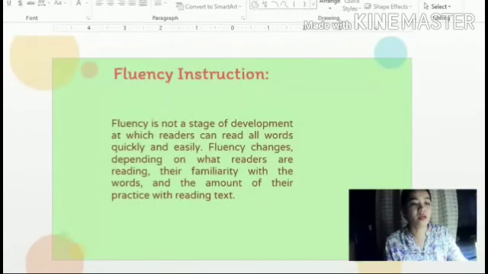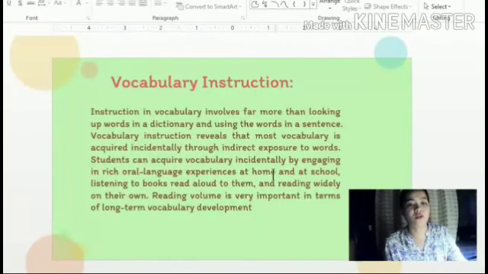Next is vocabulary instruction. Vocabulary involves far more than looking up words in a dictionary and using the words in a sentence. Vocabulary instruction reveals that most words are acquired incidentally through indirect exposure to words.